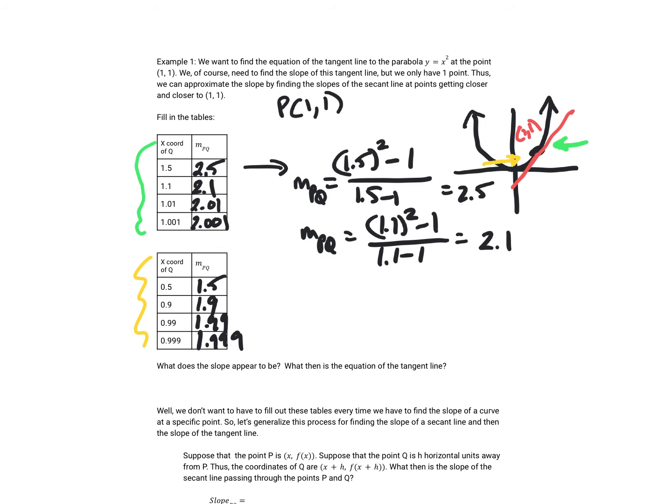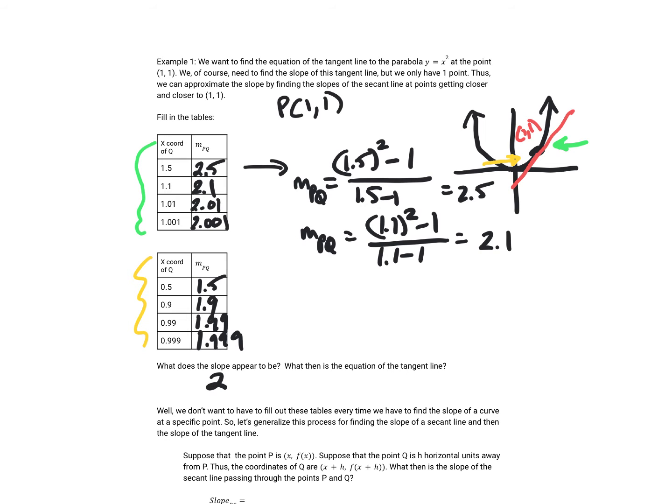So as Q got closer and closer to P, in other words, as the distance between P and Q got smaller and smaller, it looks like the slope is approaching 2. So what does the slope appear to be? It appears to be 2.